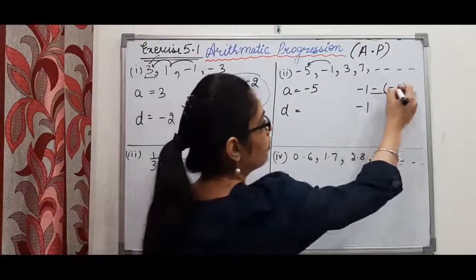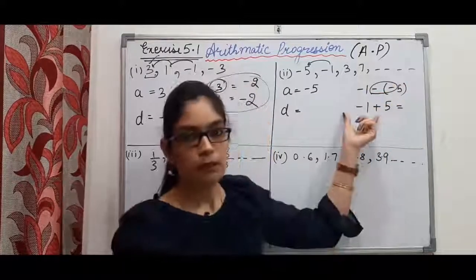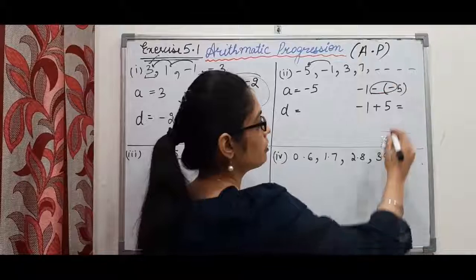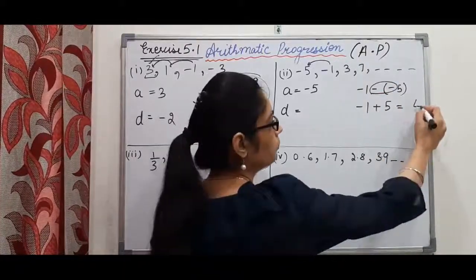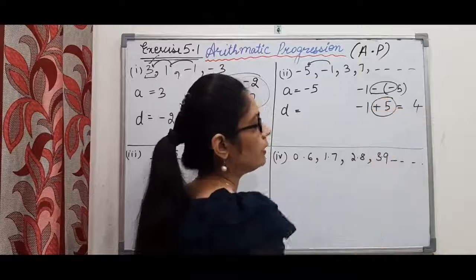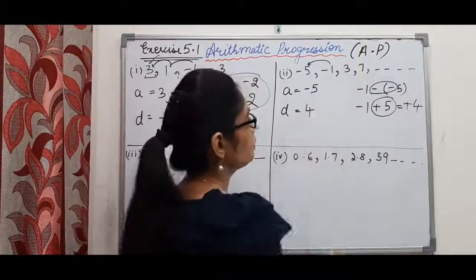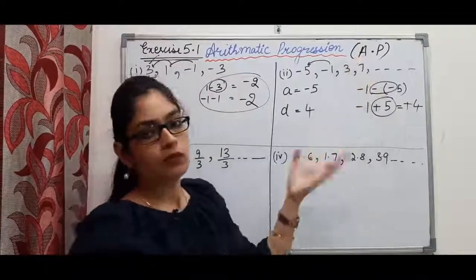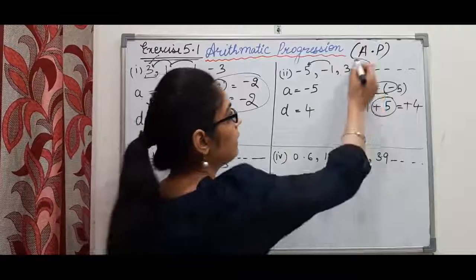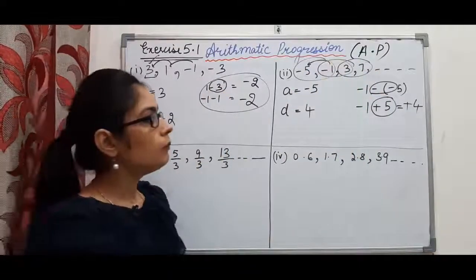Minus 1 minus minus 5, minus plus is minus, and the sign of the greater number. So 5 minus 1 is 4, and the greater number has a plus sign, so plus 4. The common difference is 4. You can also check: 7 minus 3 is 4. If you subtract any two terms, the common difference will be the same. Any two terms you can choose.